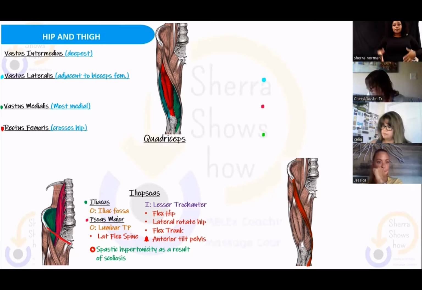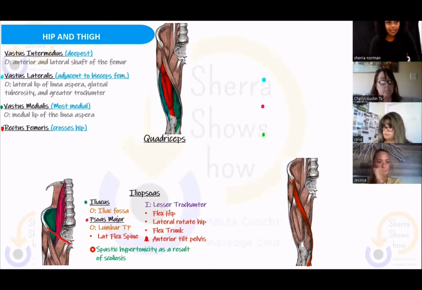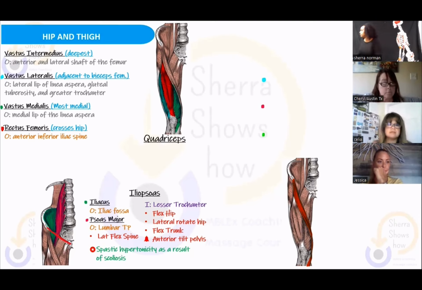Rectus femoris is the only one that actually crosses the hip, up here. All of these originate in different places, and they're grayed out because I don't think it'll come up. But rectus femoris does originate at the anterior inferior iliac spine. That one might be worth remembering.